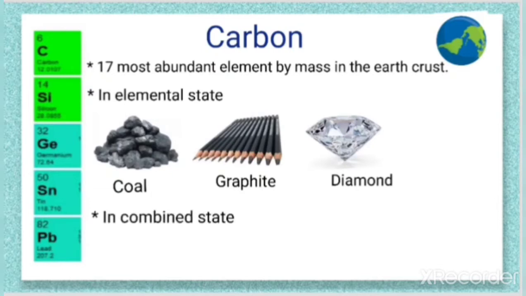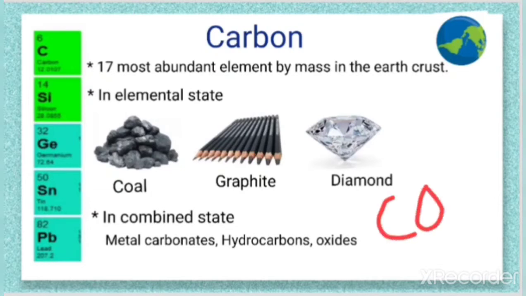But in the combined state it exists as metal carbonates, hydrocarbons and different oxides. The most familiar oxide is carbon dioxide. In the air, carbon dioxide is present, and that is one of the important gases in our atmosphere.